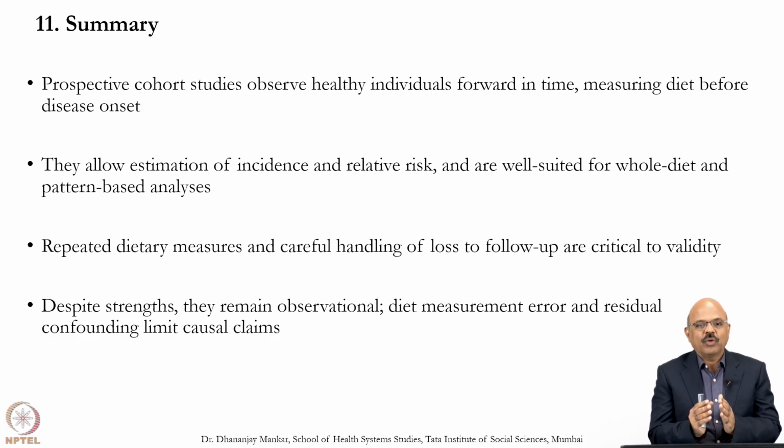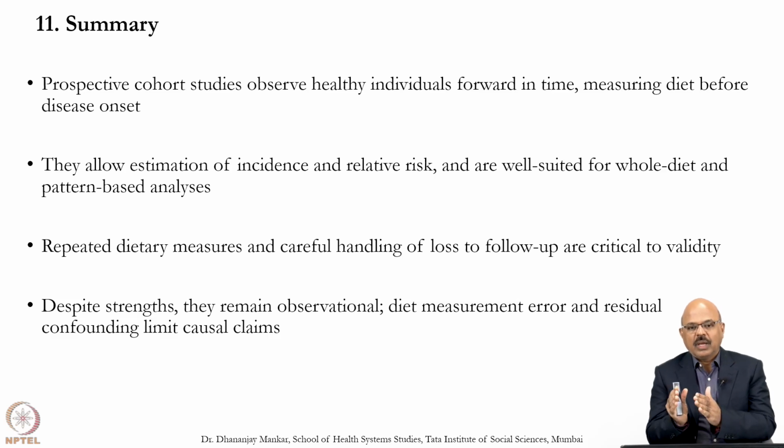They allow estimation of incidence and relative risk and are well suited for whole diet and pattern based analysis. This has proved remarkable in contributing recommendations for cardiovascular disease and even diabetes. Repeated dietary measures and careful handling of loss to follow-up are critical to validity and give strength to such research.